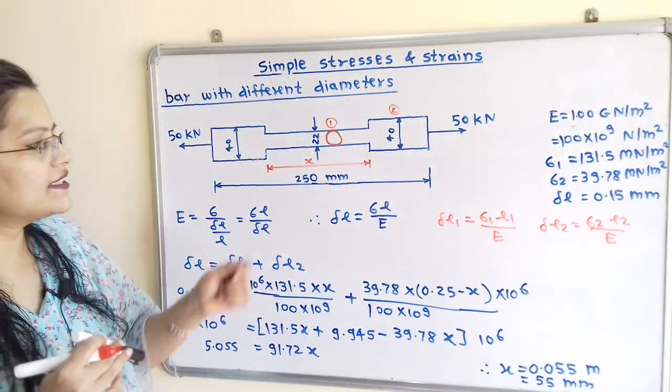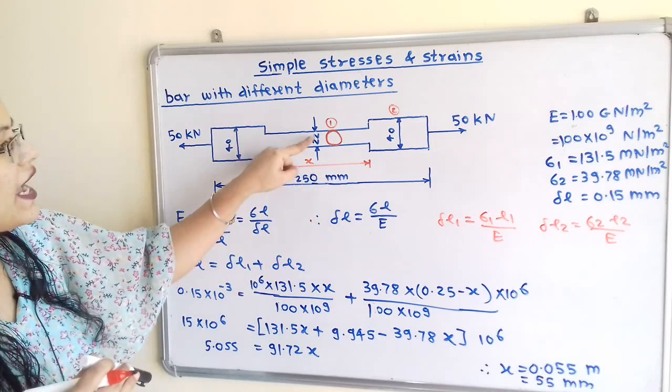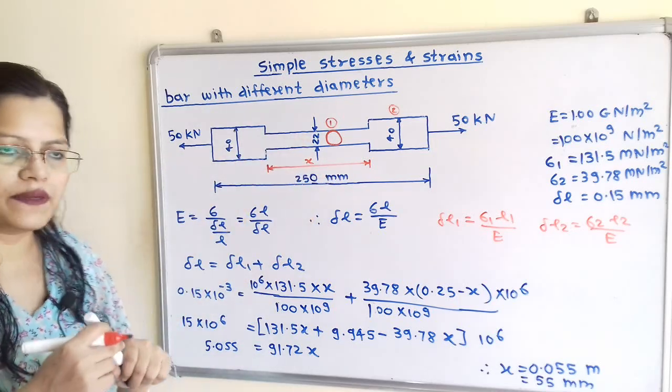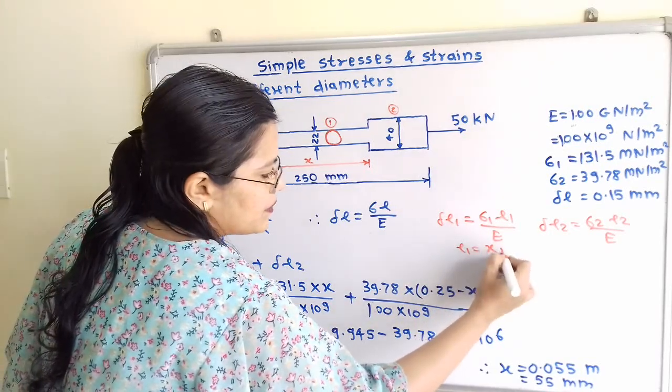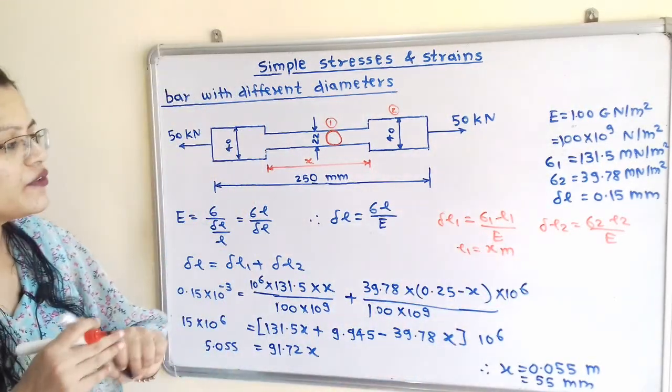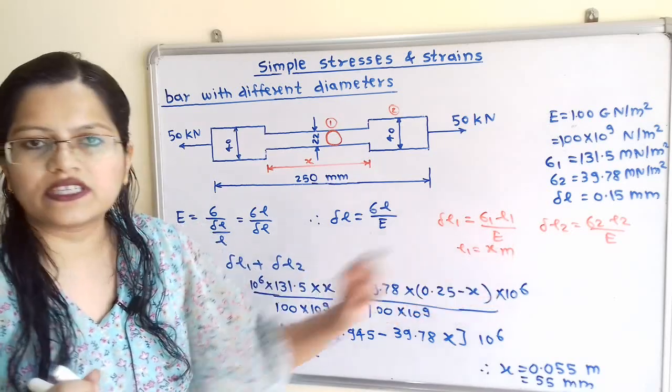L1 is the length of the portion having diameter 22 millimeter, so L1 is equal to x meter. The standard unit is meter.